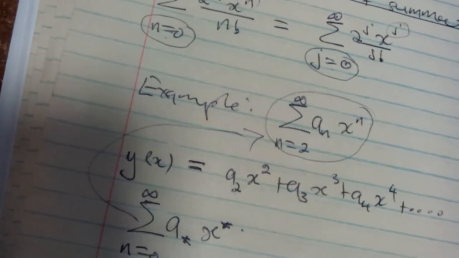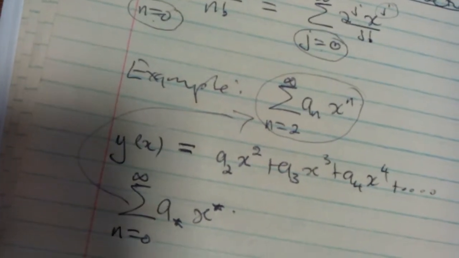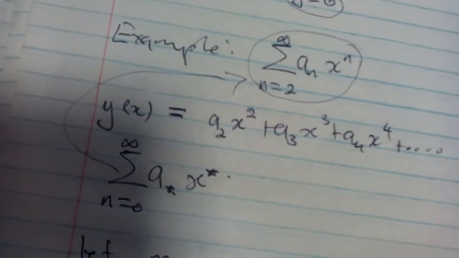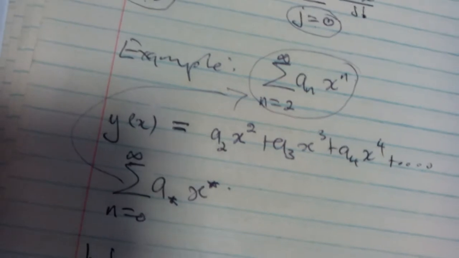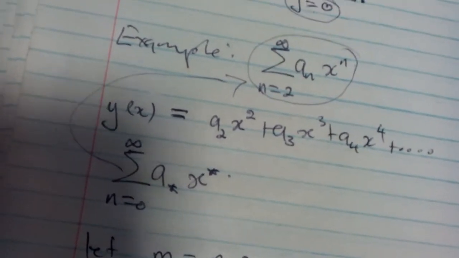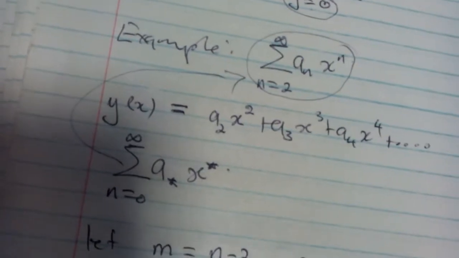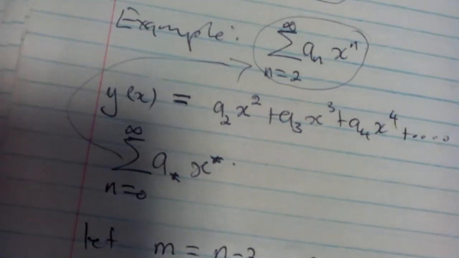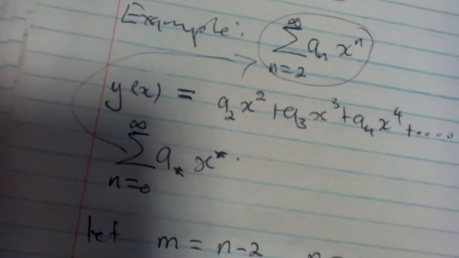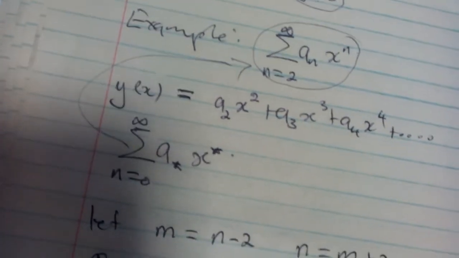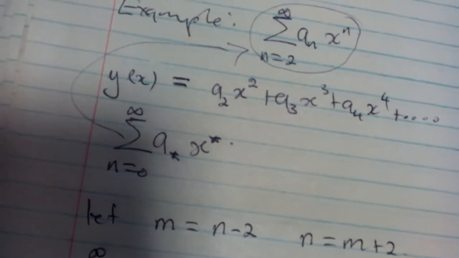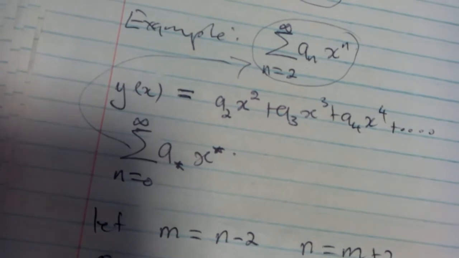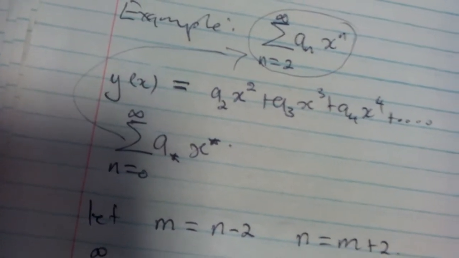In fact, I can let m equal to n minus 2, so that my n is equal to m plus 2, and then I can sum from n equal to 2 up to infinity of a_n x to the n to be equal to the sum from m equal to 0 up to infinity of a_(m+2) x to the m plus 2.